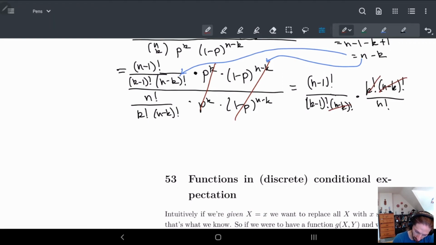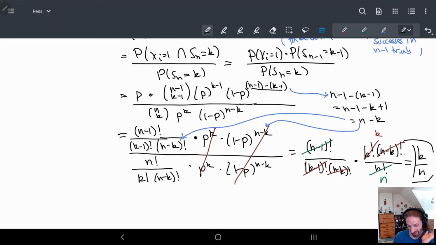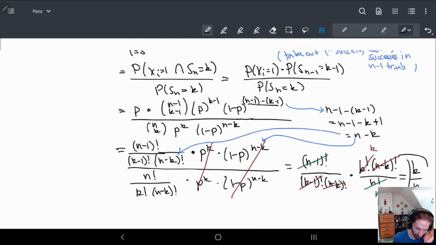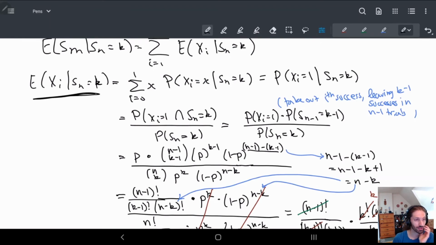And then this k factorial and the k minus 1 factorial will give me a k on top. And then this n minus 1 factorial and the n factorial will give me an n on the bottom. So this is just equal to k divided by n. Bam! Nice and easy. Or not nice and easy, but it's a nice formula.